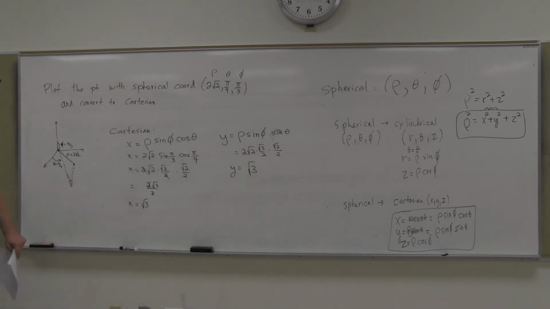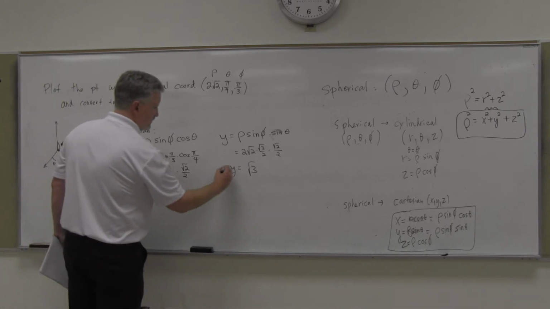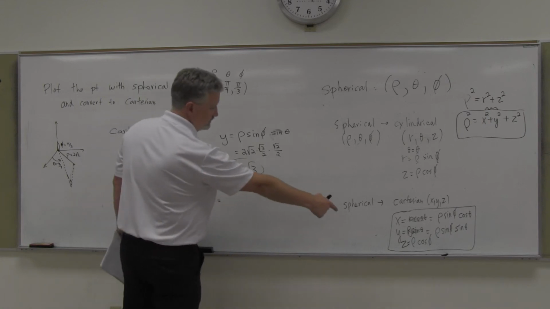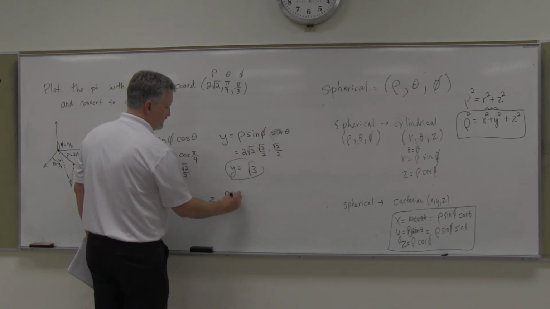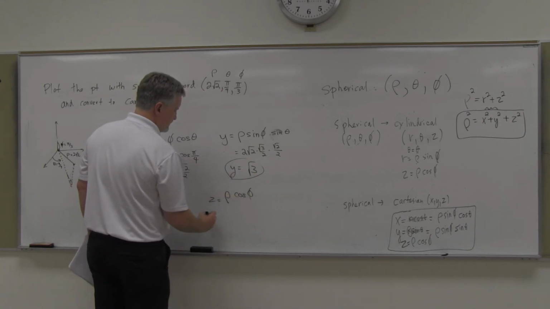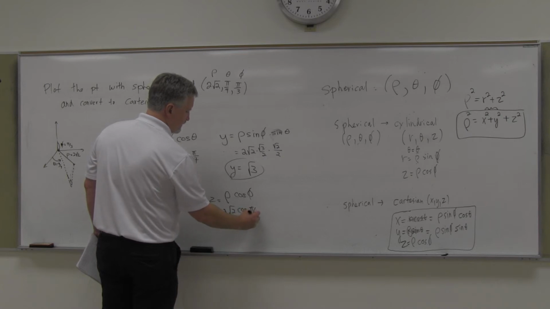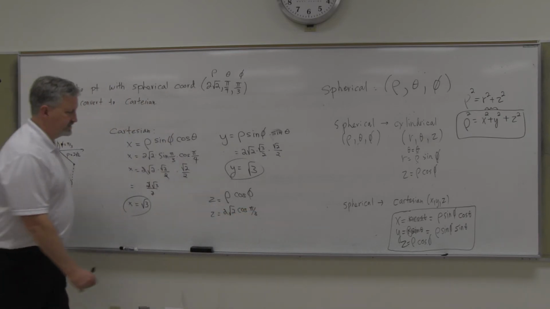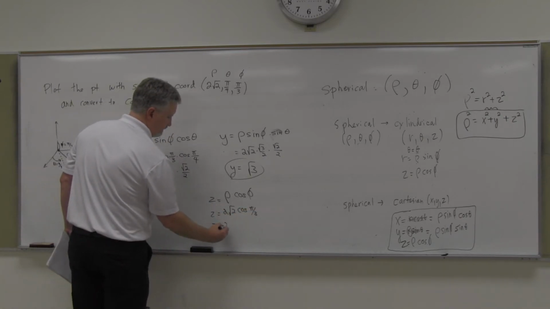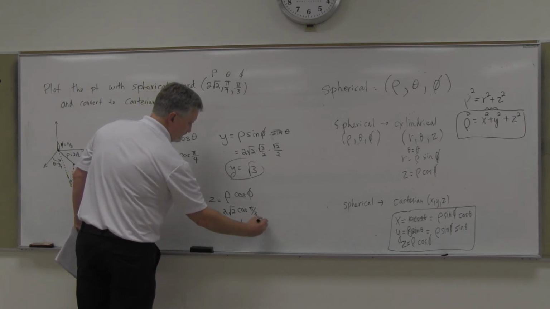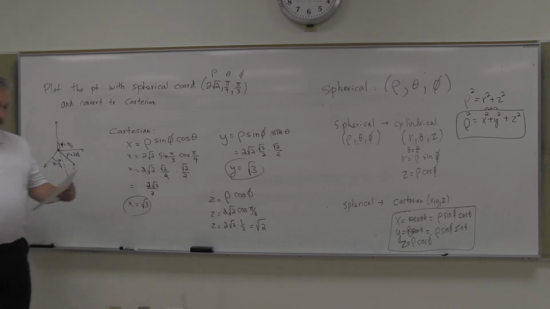And that, in this case, would be the same thing. And then z is shorter, it's just rho cosine phi, so 2 square root of 2 times cosine of pi over 3, right? Which is just a half, which is just square root of 2.